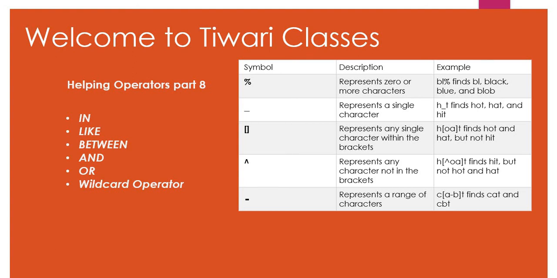Another we have the OR operator, where if anyone is true, that will return the record. And next we have IN. IN is the combination of OR. If you have multiple conditions on the same column, you can use IN. And BETWEEN, if you have a range of data, you can use BETWEEN.